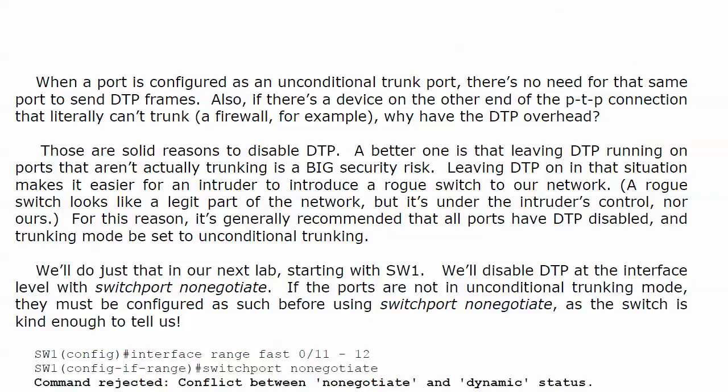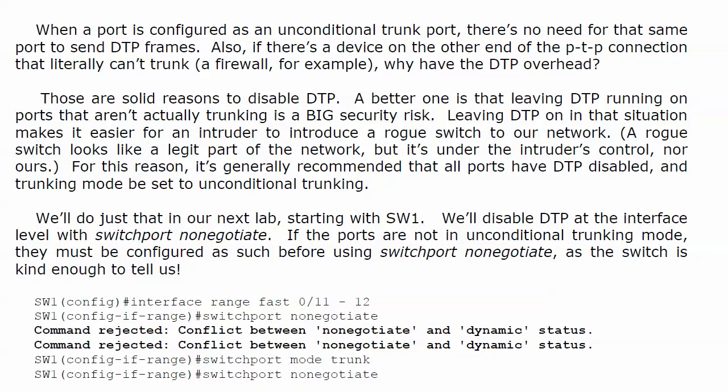But it is a little bit of overhead, and frankly, as we're about to talk about, it may be overhead that you don't want, and there are other reasons for turning DTP off. One of them: when a port is configured as an unconditional trunk port, there's no need for that same port to be sending DTP frames.